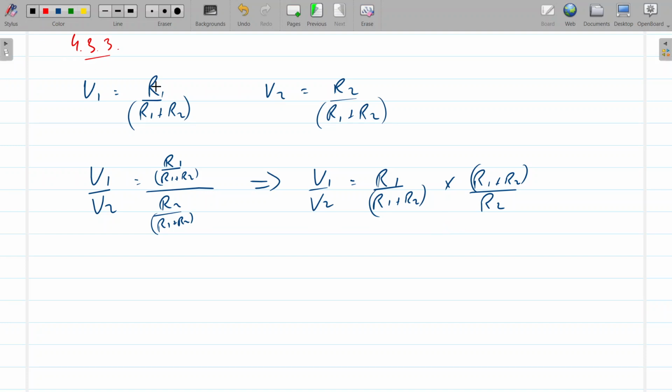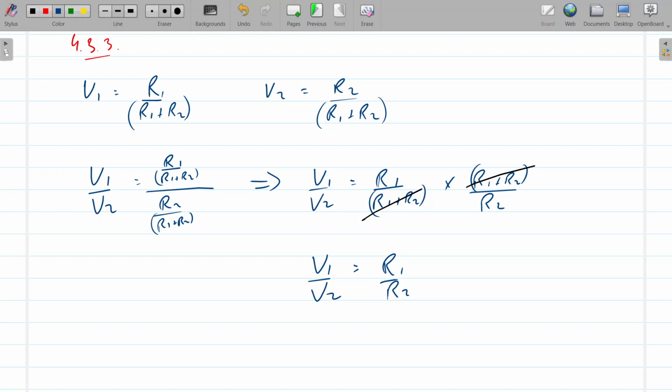And obviously these cancel out, and so you are left with a ratio V1 over V2 equals R1 over R2. Does this make sense? Yes. So the ratio of the voltages across these resistors is equal to the ratio of resistances.